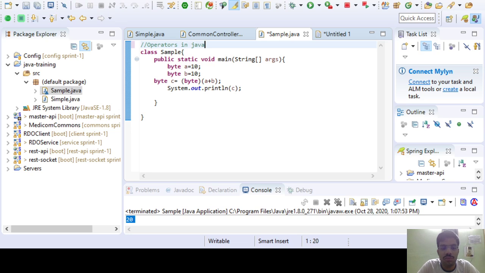There are many types of operators like unary, arithmetic, shift, relational, bitwise, logical, ternary, and assignment operators. Don't worry, it's very easy. I will explain with examples. Let's first talk about the unary operator.